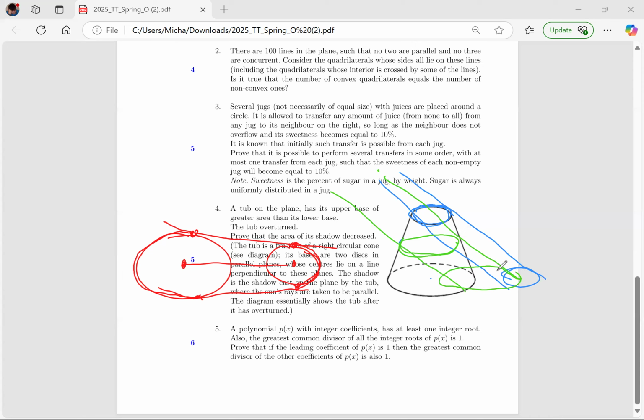So the shadow is a union of all these circles. These circles all have centers that lie on one line, linearly centered, because the center line through all the circles casts a shadow over the center line of these circles.